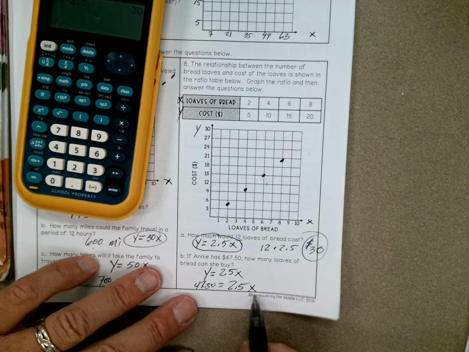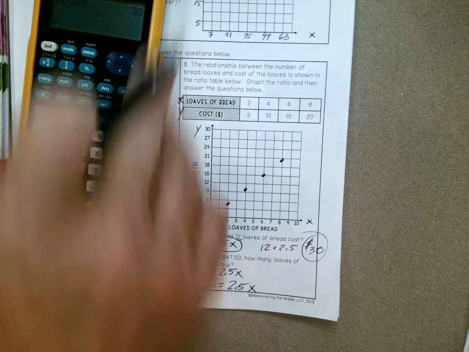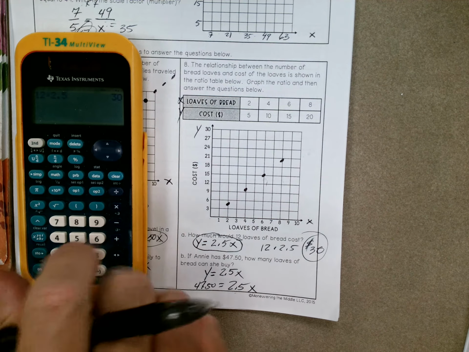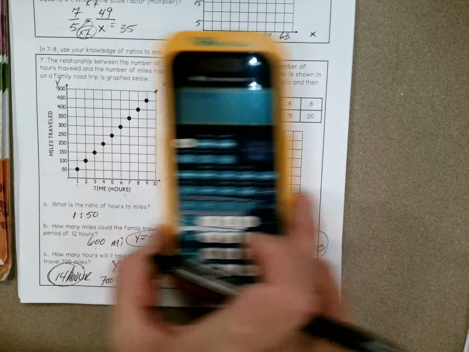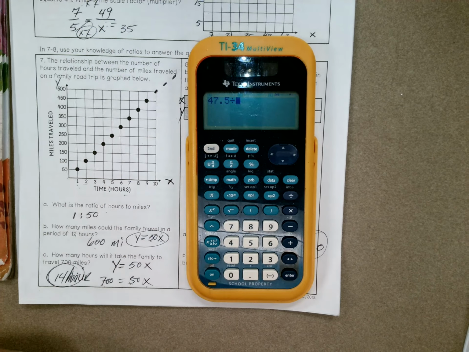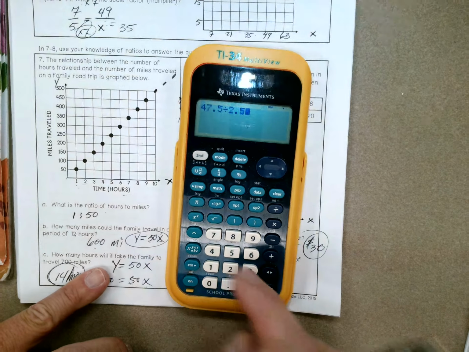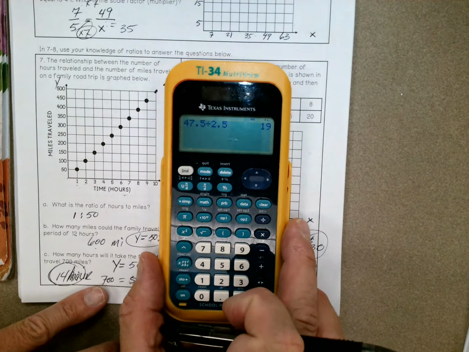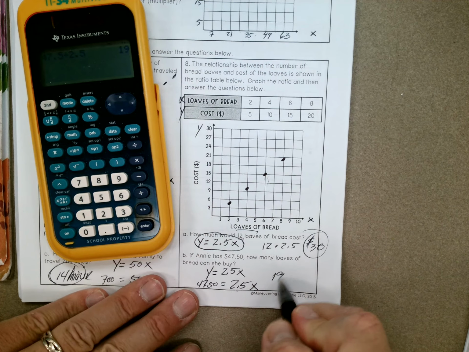So to figure out this, I have to work backwards. And the opposite of multiplication is division. So let's do it. 47.50 divided by, right? What do we have here? 2.5. And our value is going to be what? 19 what? 19 loaves.